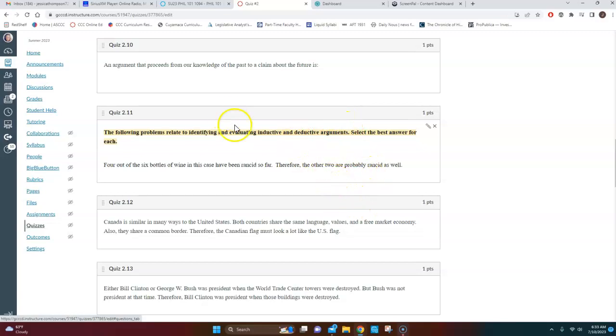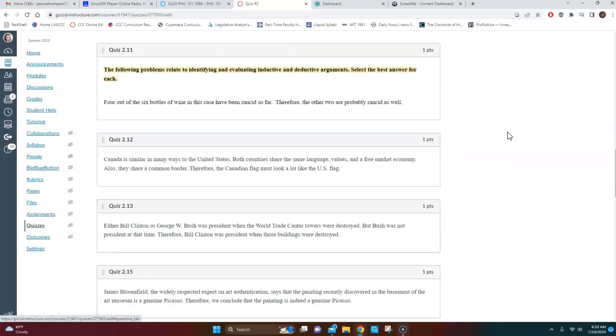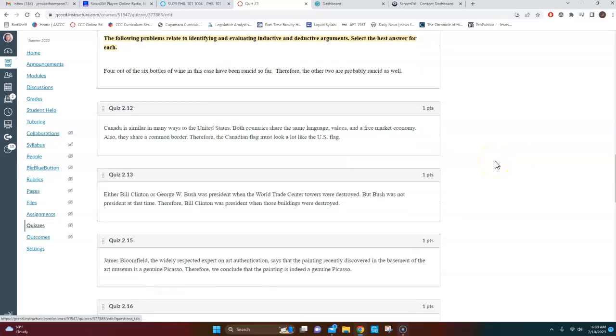We're just doing the first step of each of these. Your task will be to read the argument and then choose from the multiple choice selections. First, I'm going to take you on a tour through the problems, and they're very similar to the ones you did in the exercises for these modules.